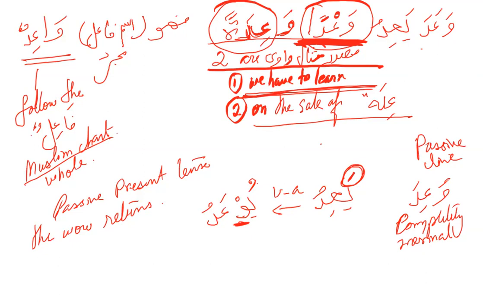If a letter has a kasra, and after that you have a weak letter, that weak letter usually changes to ya. Similarly, if you have a letter that has dhamma, and after that there was a weak letter, most probably that weak letter will be changed.